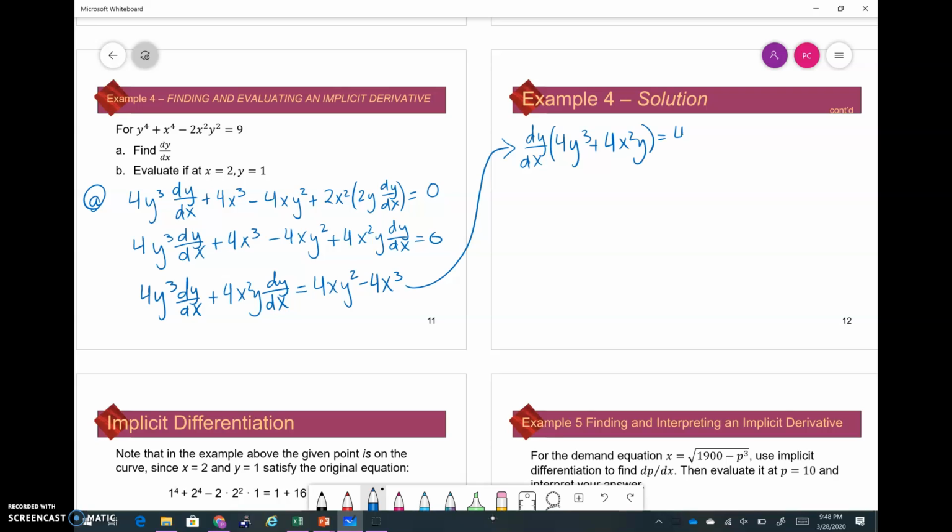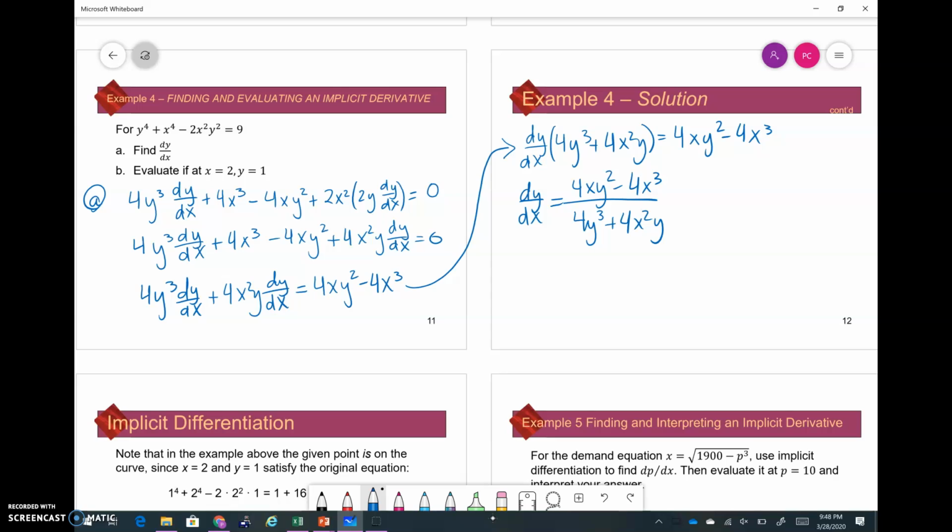All of that is equal to our 4xy squared minus 4x cubed. Then we divide by the parentheses, giving us dy over dx equal to 4xy squared minus 4x cubed over 4y cubed plus 4x squared y.